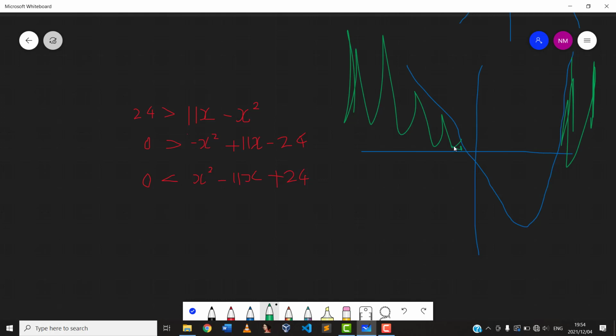So the first step is to find the roots. So I'll just use the quadratic equation again. 11 plus or minus the square root of 121 minus 4 times 24. So x is equal to 8, and x is also equal to 3.